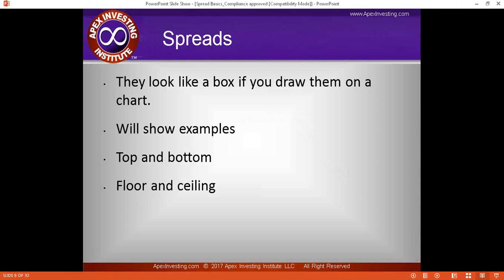Now, I want to start off by saying, if you are a binary trader, if you're familiar with how binaries work, I'm going to make one example probably in the next webinar about binaries and spreads, but what I need you to do is just press the reset button, okay? Do not try to think about spreads like you think about binaries.